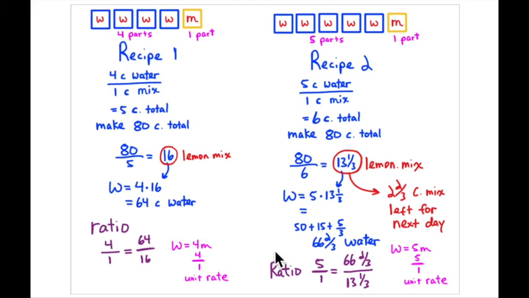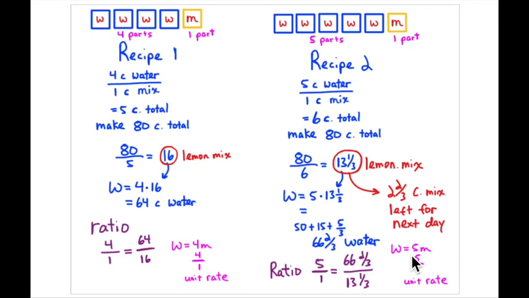Here's one last look at the constant proportionality. So for every 1 cup of mix, there are 4 cups of water in recipe number 1. So this is the unit rate. 1 cup of mix, 4 cups of water. The unit rate for recipe 2, 1 cup of mix, 5 cups of water. So the amount of water that gets used in recipe number 2 is 5 times the amount of the mix.